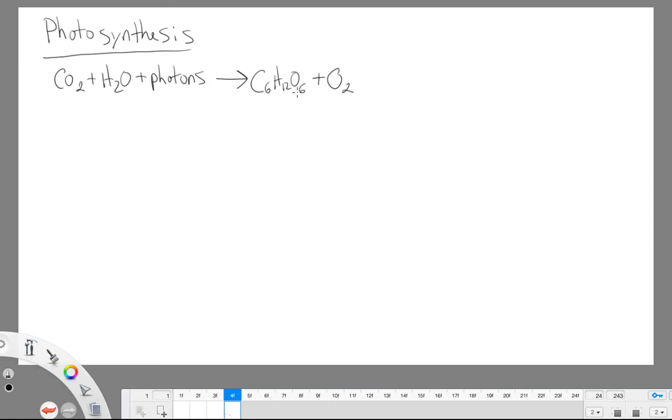Oxygen and glucose. And as we're going to see later in the following lectures, when we look at cellular respiration, this glucose is the basis of cell metabolism. When we go over cellular respiration, our organisms are breaking down this glucose molecule, and they are using the energy from that to create ATP.